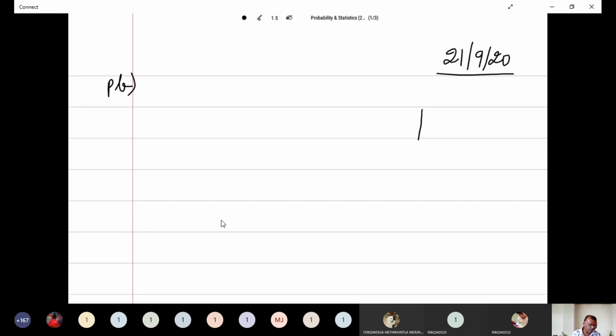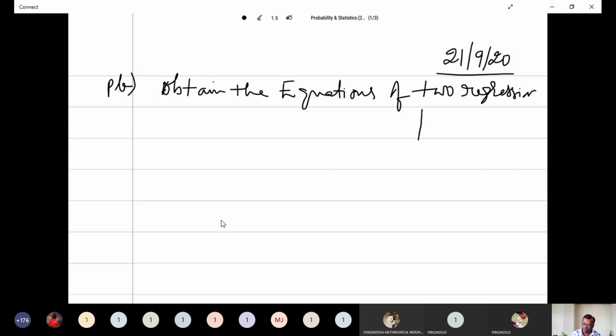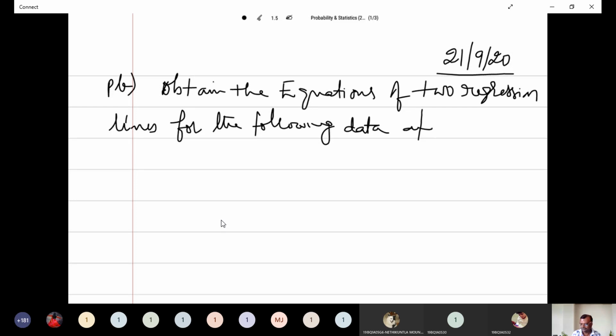Obtain the equations of two regression lines for the following data, and also estimate x for y is equal to 70.